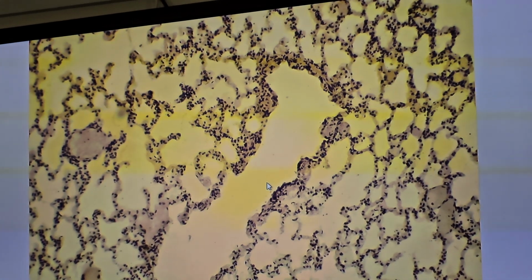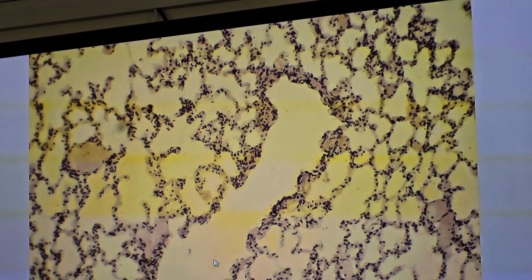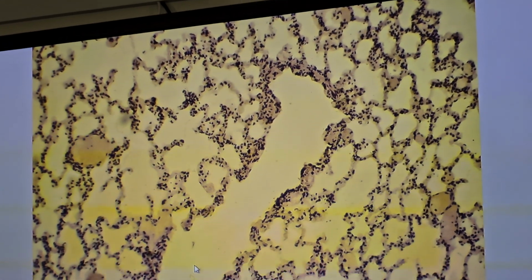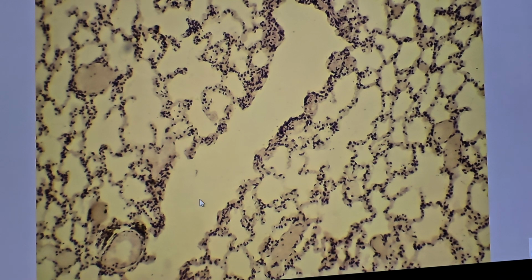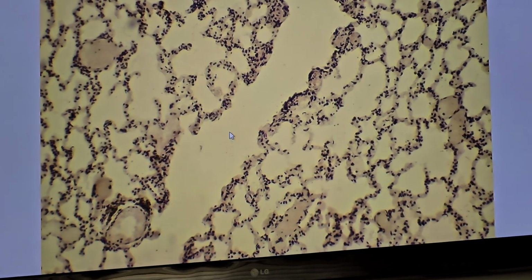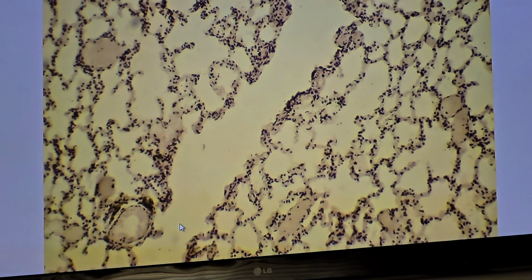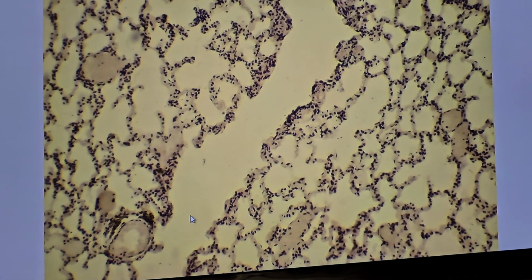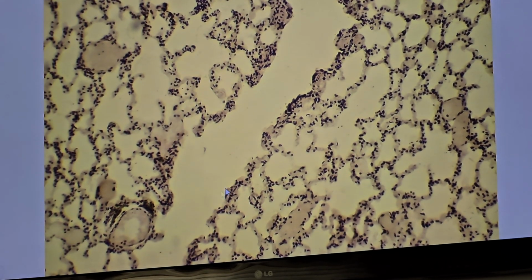Respiratory bronchioles giving rise to tubes called interalveolar duct. The lining epithelium of alveolar duct will be simple squamous epithelium.